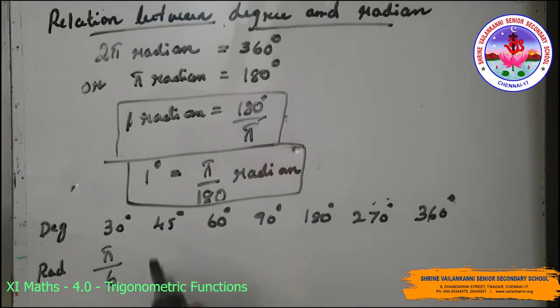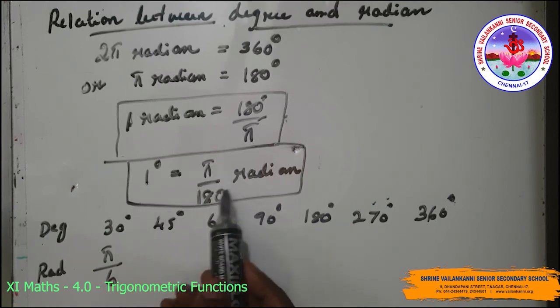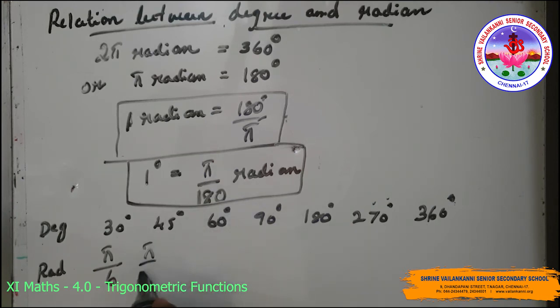Converting 45 degrees into radians. So 45 degrees is equal to pi by 180 into 45. 45 goes 4 times, so 45 degrees is represented as pi by 4 radians. Now 60 degrees: pi by 180 into 60, 3 times.